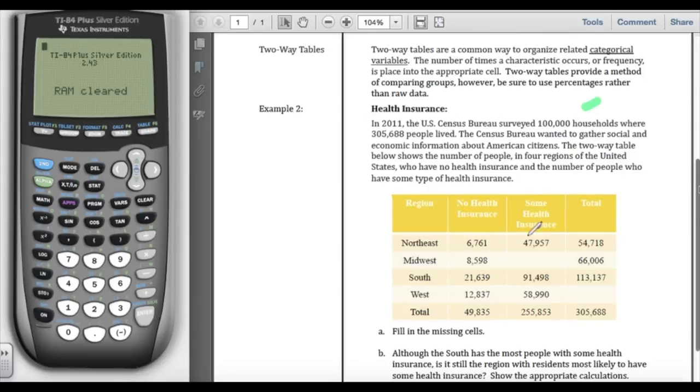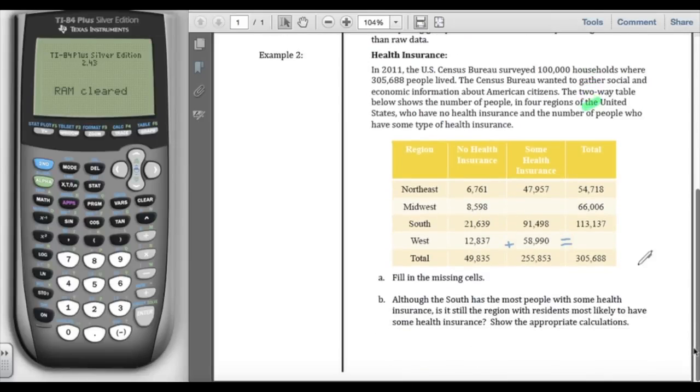And if I add these together, it would give me a total of 54,718. Now what we want to do in part A of this example is fill in these missing cells. So for the Midwest, this is our first blank.